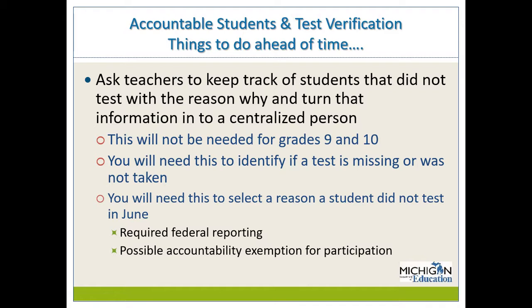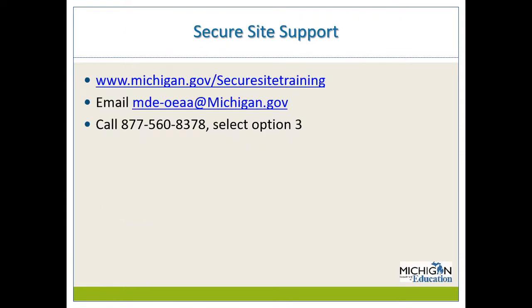It will be needed when verifying answer documents received to know if a student did test or if they did not test and if their test may be missing. If they did not test, you'll need to know the reason and submit why the student did not test. Again, not tested reasons would not be needed for grades 9 and 10 because they are not currently included in accountability.